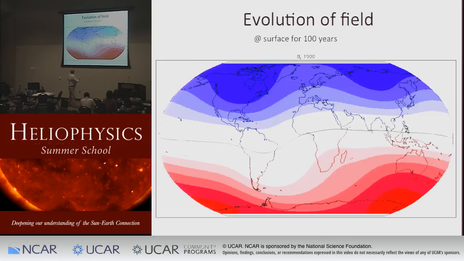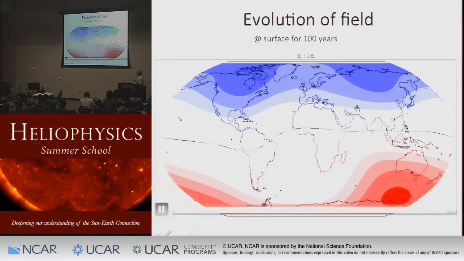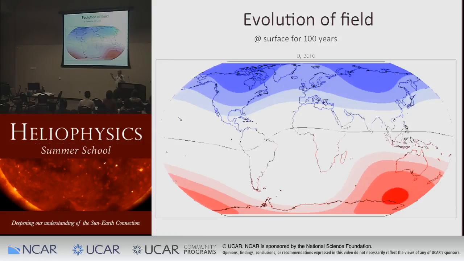Another thing you'll notice is this is what the magnetic field in that portrayal, actually at the surface, looked like in the year 1800. And then over time, we actually see it change. And why shouldn't it? It's being generated by turbulent flows inside of the Earth. So nothing is steady about turbulence.